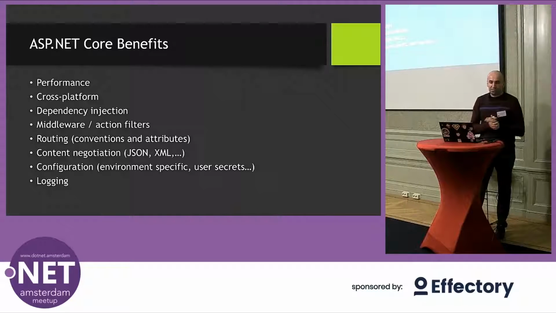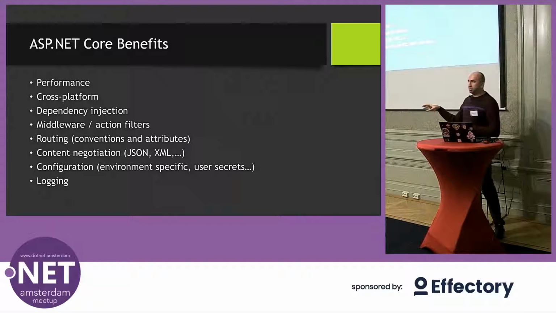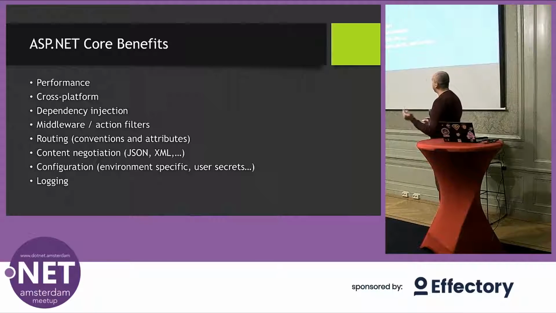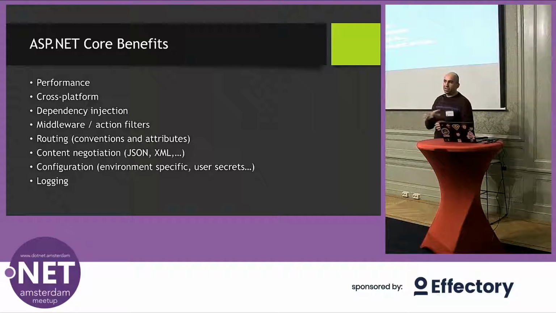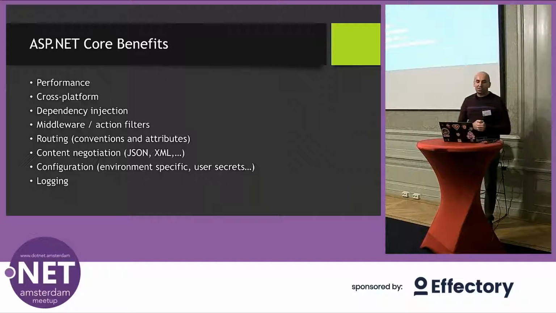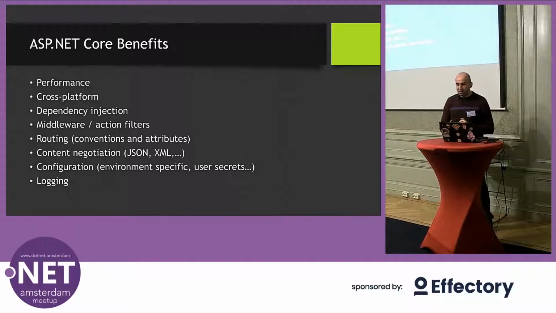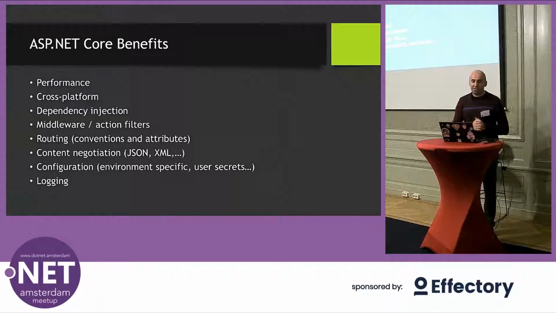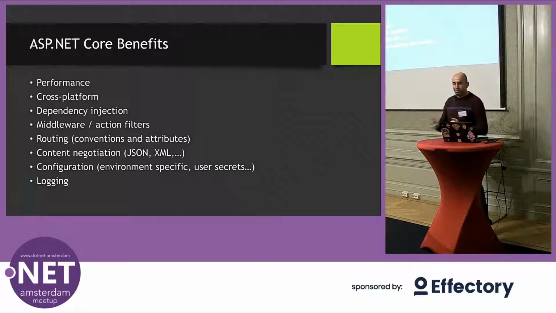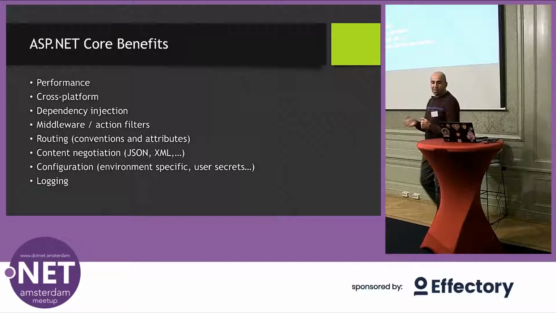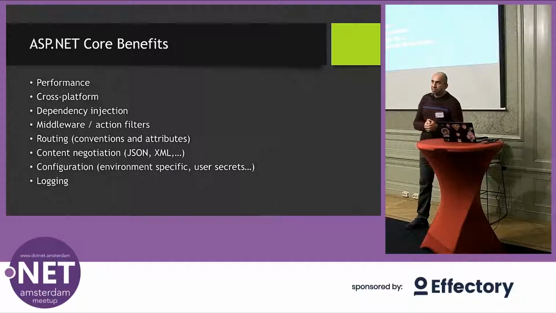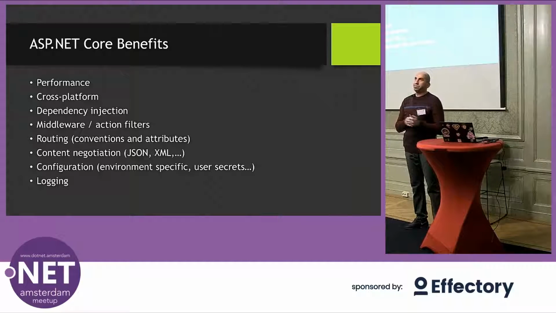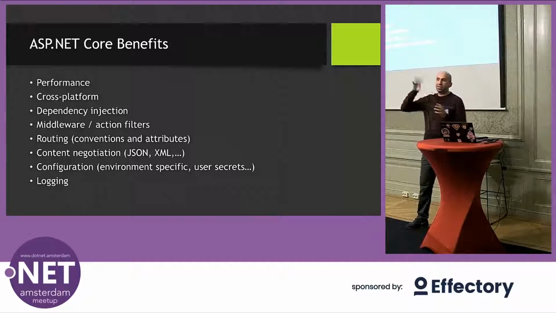Also, one thing that changed compared with old ASP.NET is how requests and responses are processed. So before we had some modules that were processing the request and response and gave the response to the client. Now we have a pipeline. Pipeline is an array of middlewares that are connected.